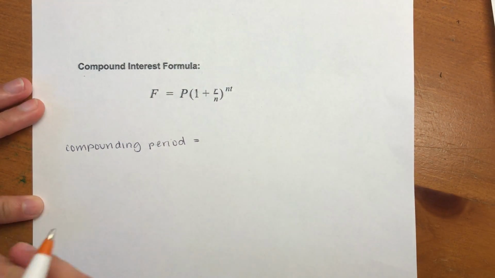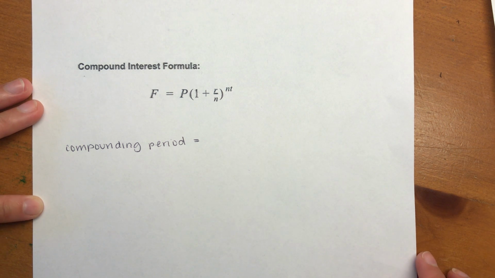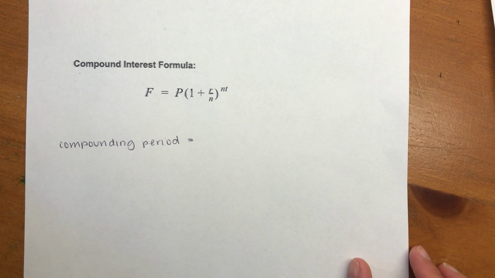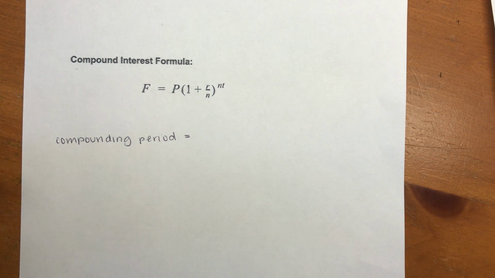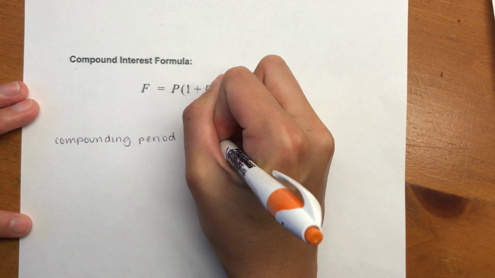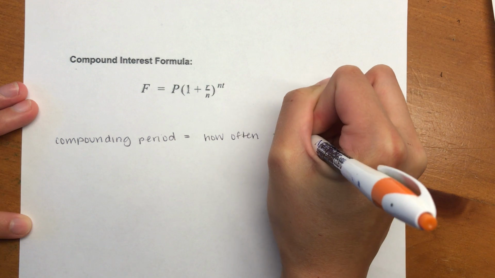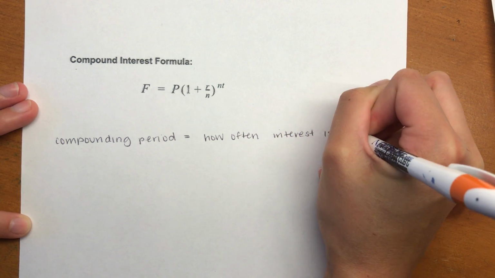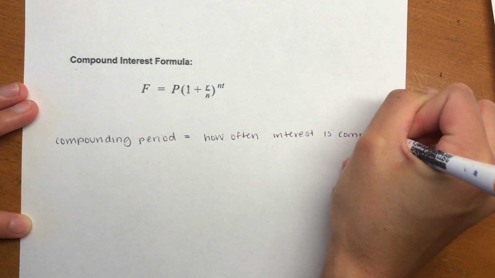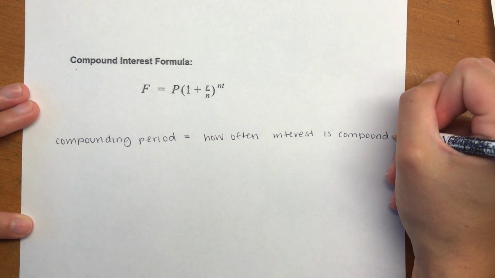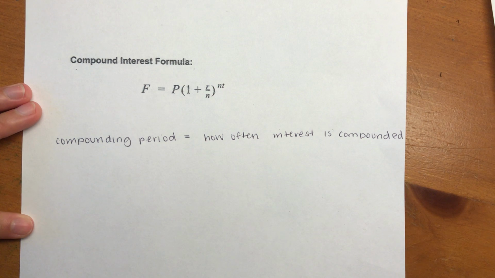So we've done problems where someone had interest in a savings account and maybe you got a percent of interest monthly or a percent of interest yearly. But a compounding period is going to be how often interest is compounded. And in these cases, it's going to be within 1 year.